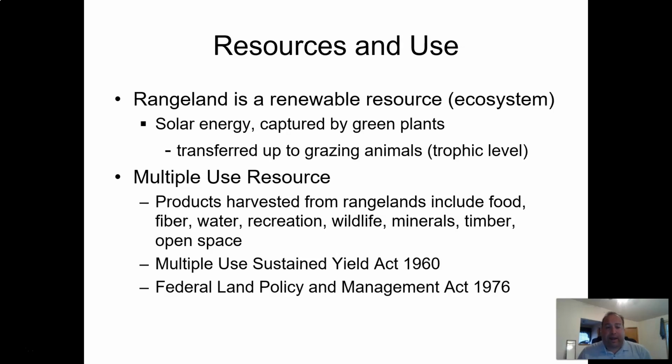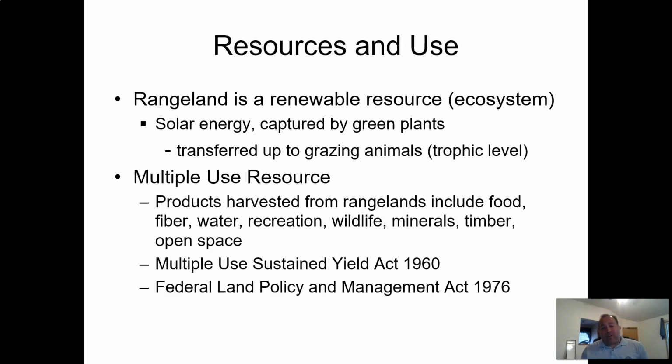Most of the time that's grass, but then that energy is transferred up the trophic structure to grazing animals, and then eventually to us. So it's extremely important in terms of human beings and the food we want to eat.